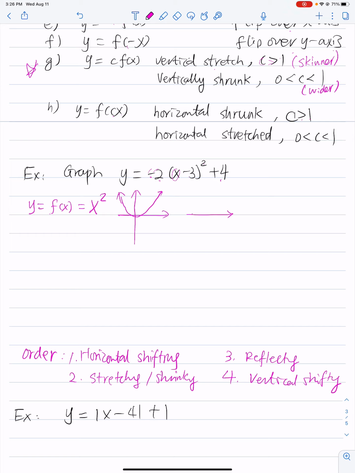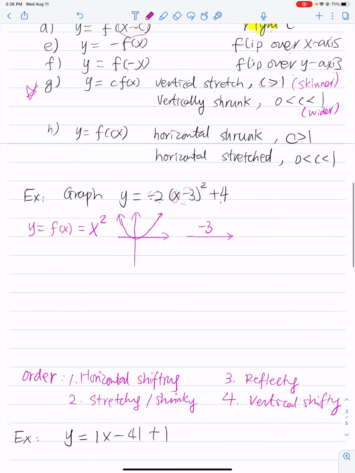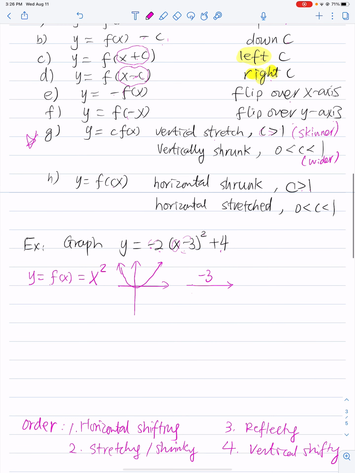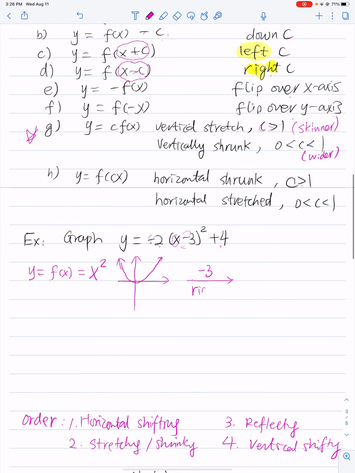What does horizontal shifting mean? The one with x, so the minus 3 there. So minus 3 means what? Do you remember? Minus 3 here means it goes to the right by 3. So the picture will be what? Goes to the right by 3.